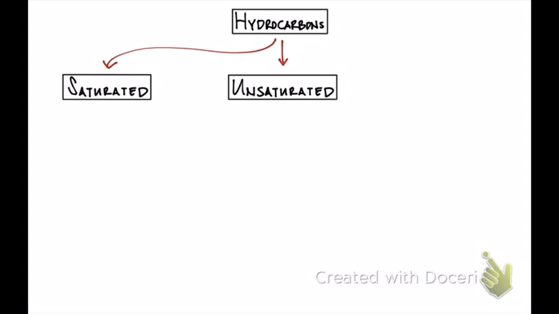We're going to shift our focus to these two types of hydrocarbons, saturated and unsaturated. Both of these types of hydrocarbons can be categorized further into what they call families. Saturated compounds, again, are hydrocarbons that contain single bonds, so the bonding between the two carbon atoms is a single bond.